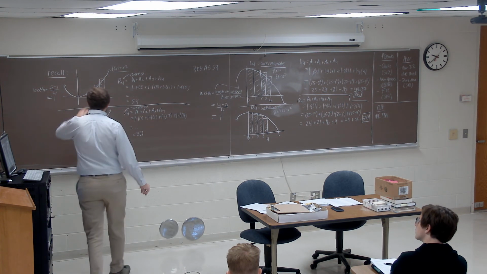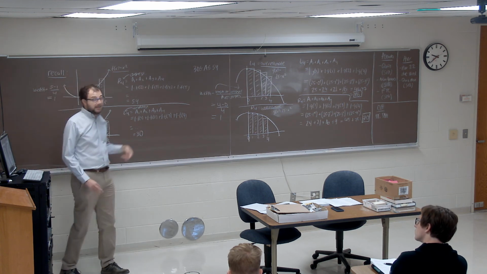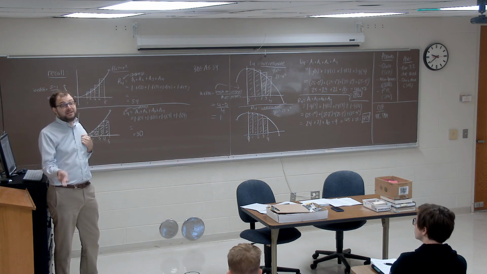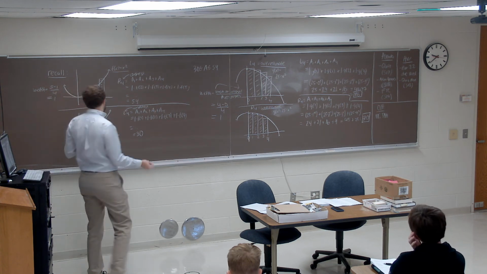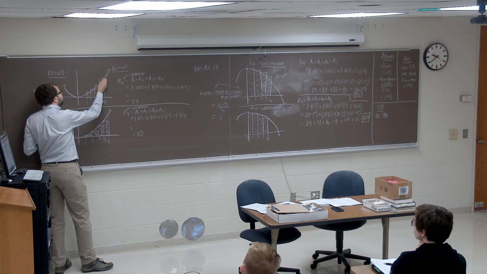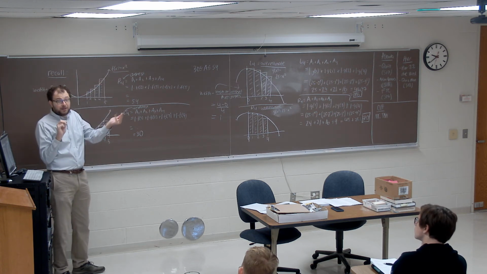Yeah, so if we look at this function, our f of x equals x squared is an increasing function. Or in other words, it has a positive slope, a positive first derivative everywhere. And the fact that it's increasing is going to tell us that the right endpoint of each rectangle is always going to be higher up than the left endpoint, because as we go from left to right, the function's getting bigger.